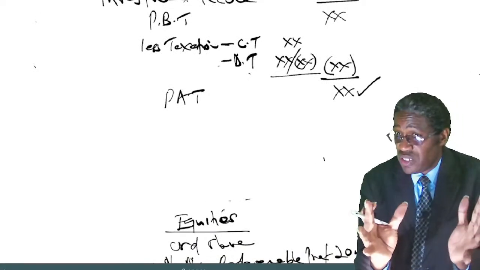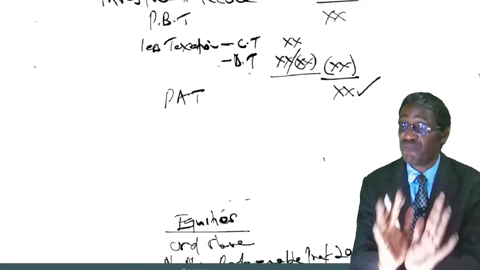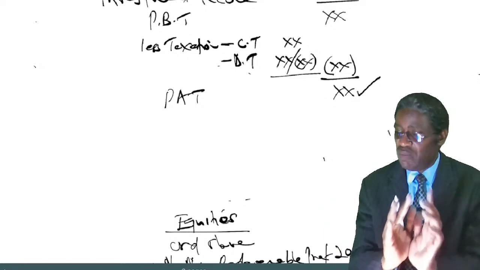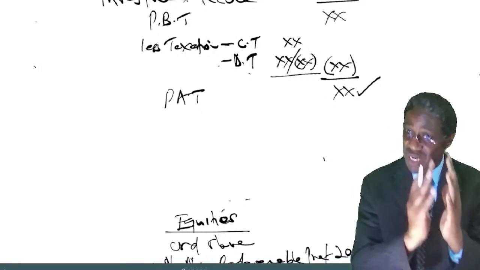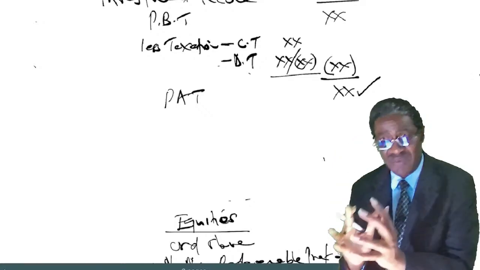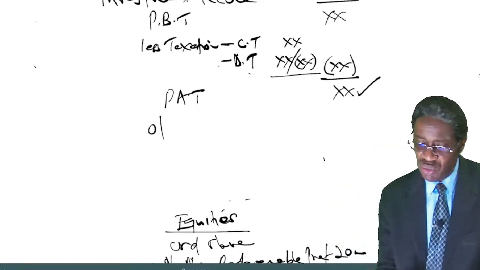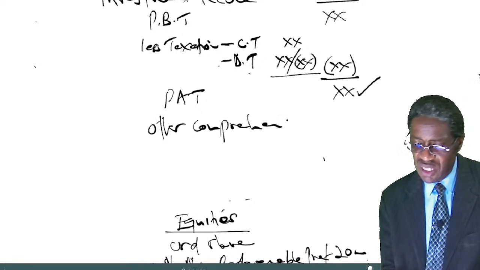If the question says number A, income statement, then you stop after getting profit after tax. But if the question says number A, prepare a statement of comprehensive income, then from there, you come and show what you used to call other comprehensive incomes.